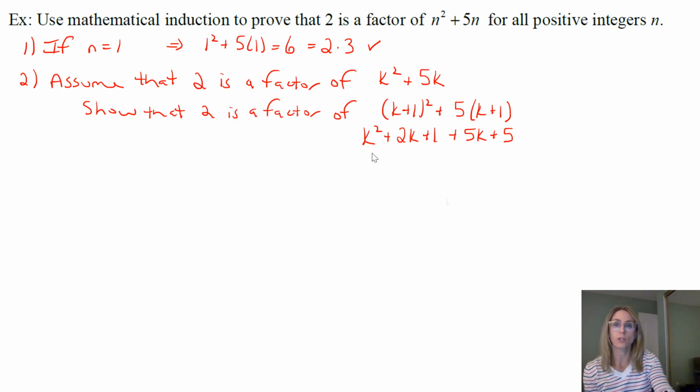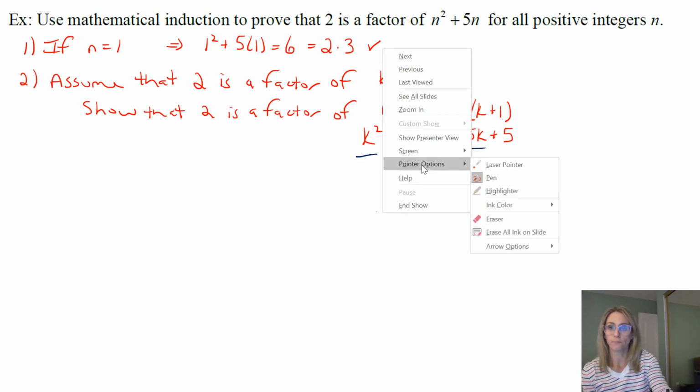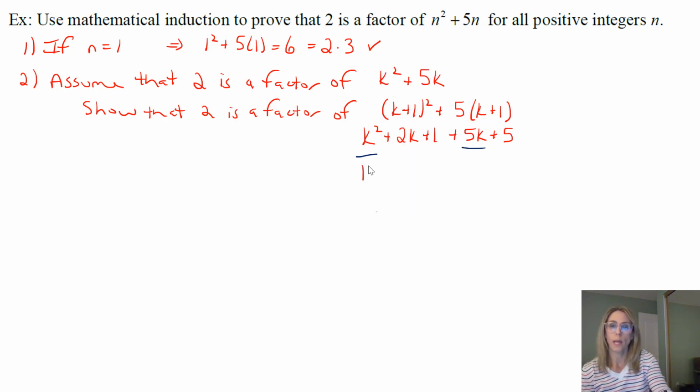We assumed that 2 is a factor of k squared plus 5k. Because of that, I'm going to put those two things together. So k squared plus 5k, we assumed 2 was a factor of this. Then we'll write out what we have left, which is 2k plus 6. And what you should hopefully notice is that when we think about 2k plus 6, we notice that 2 is a factor of that, and we can factor it out.